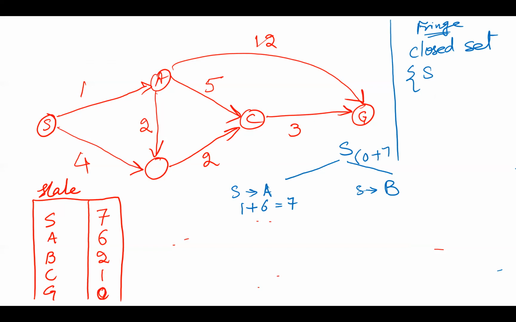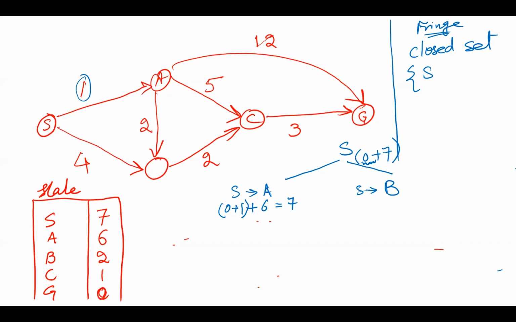And H of S is 7. So to get the G of n, all you have to do is get the G from the parent, from the tree, and then add it to the next cost. Look, we got the G from the parent plus the cost from S to A, and we got the G of n. And then we have the H of n.